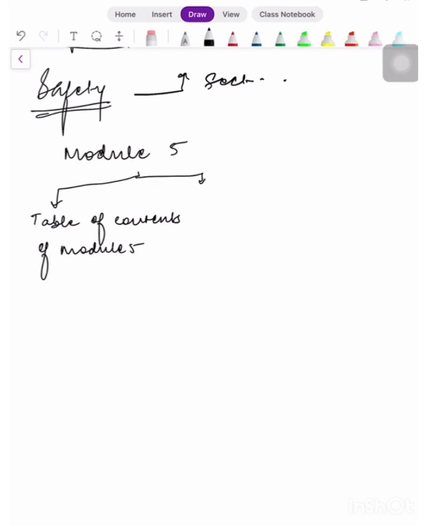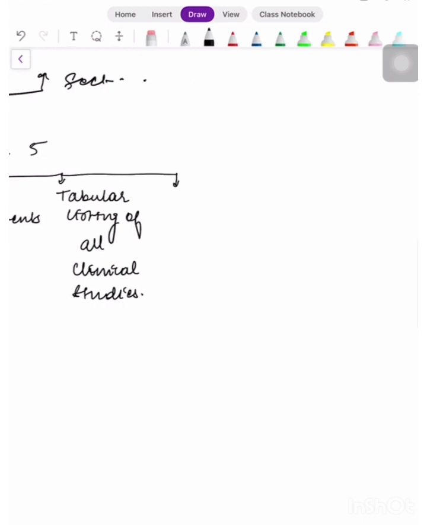Next is the tabular listing of all clinical studies. Third is clinical study reports: what all clinical study reports do they ask from us? And fourth is literature references.